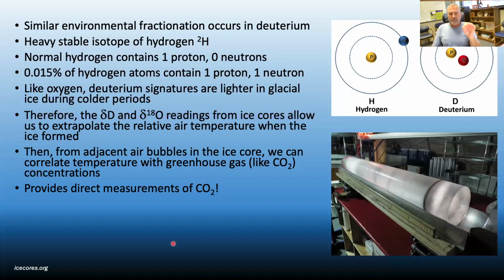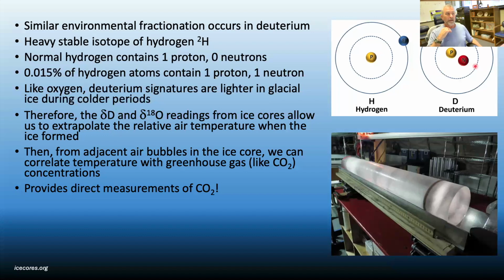So hydrogen, as I mentioned earlier, is somewhat similar to oxygen in this way. It has a very similar environmental fractionation that occurs. So the heavy stable isotope of hydrogen is hydrogen 2, right? Deuterium. Normal hydrogen has a proton. Remember, hydrogen does not have any neutrons in its normal state. It has one proton, one electron.